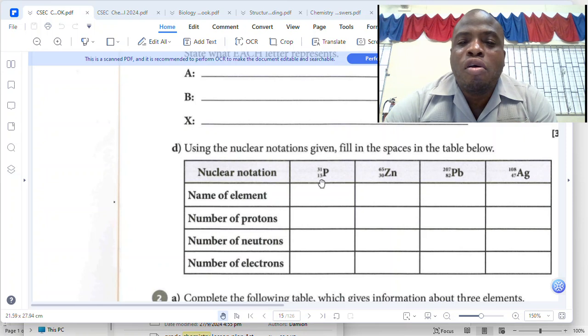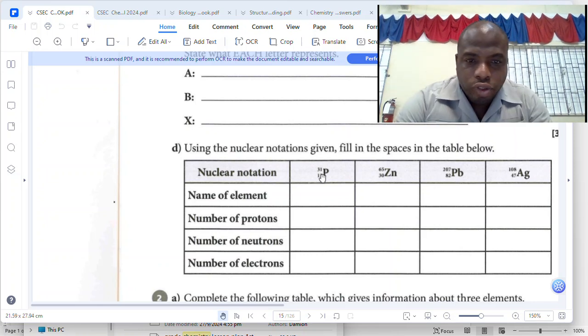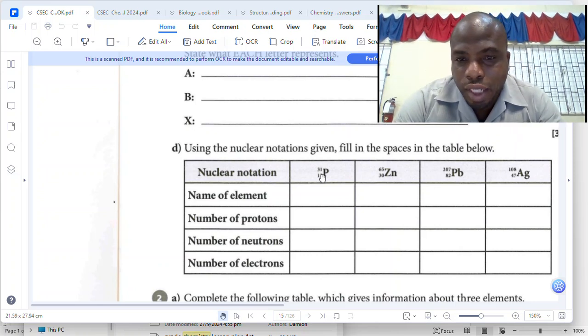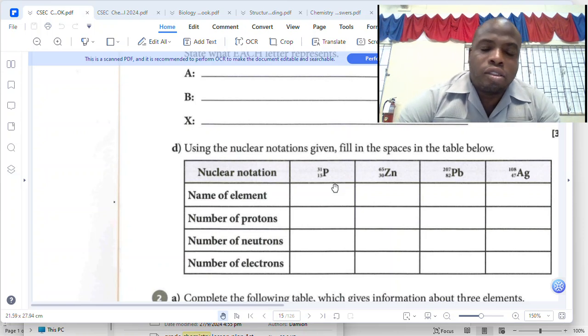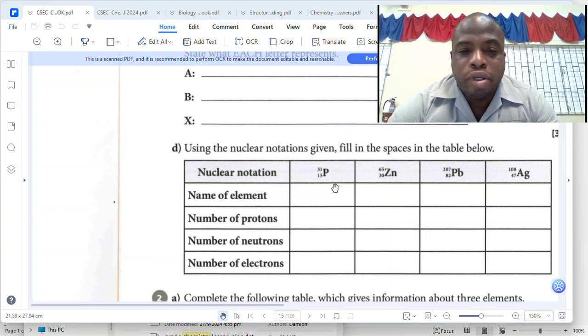If we know from the atomic number that we have 15 protons, then to get the total number of neutrons, we subtract that atomic number from the mass number. So when we subtract the 15 from the 31, we get 16.